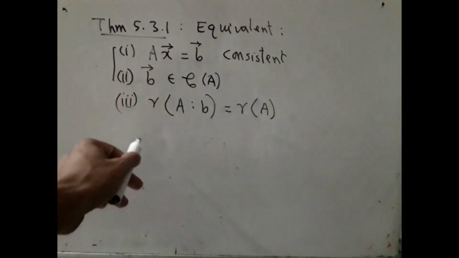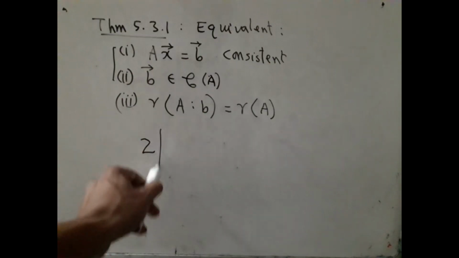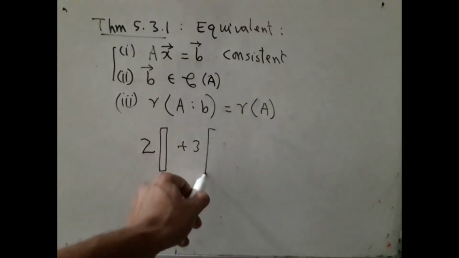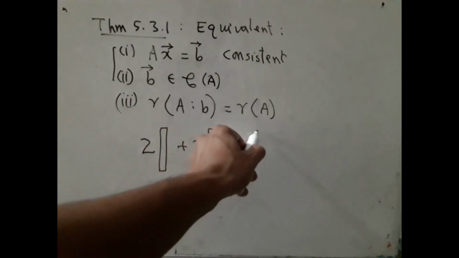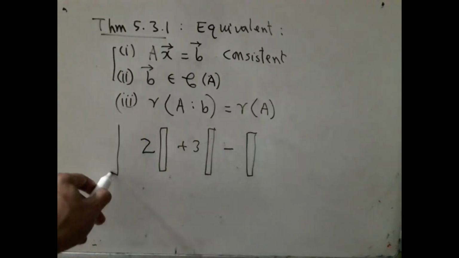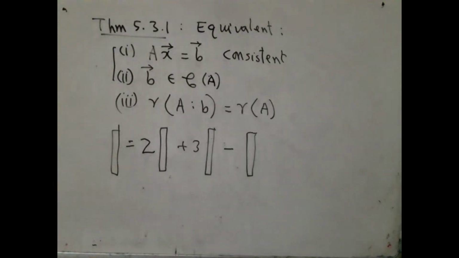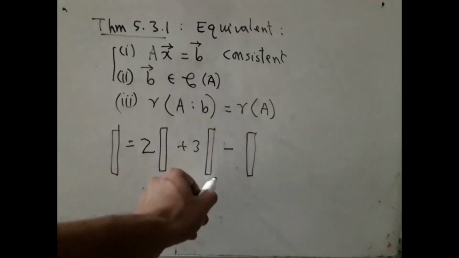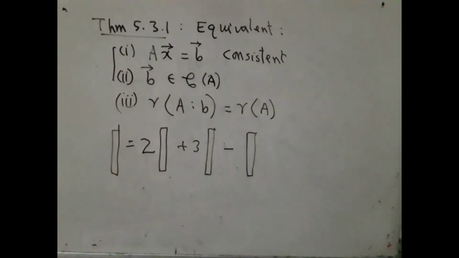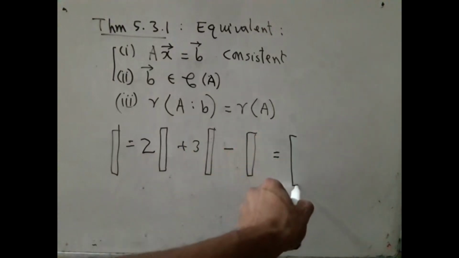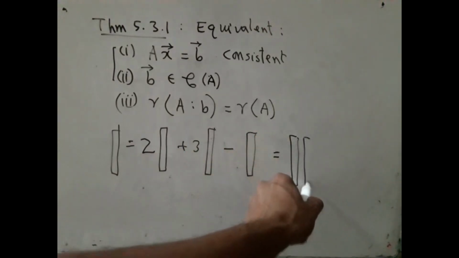For example, suppose I find that B is 2 times the first column of A plus 3 times the second column of A and minus the third column of A. Suppose this is my B. So this is B, this is the first column of A, second column of A and third column of A. In that case, I can collect all these things and write them side by side.